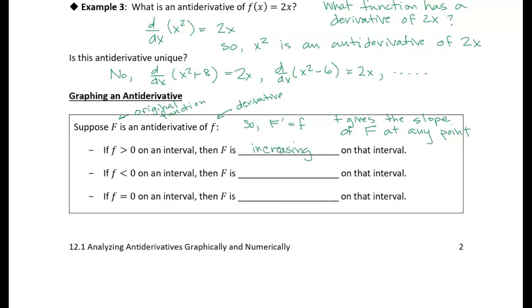All right, and if lowercase f, the derivative, the slope, is negative, you just interpret it as a slope because it's the derivative of capital F. So if the slope is negative on any interval, that means it's decreasing. Okay, and then again, if the slope is 0, then the original function is just constant. It's just flat. All right. So let's take a look here at an example.